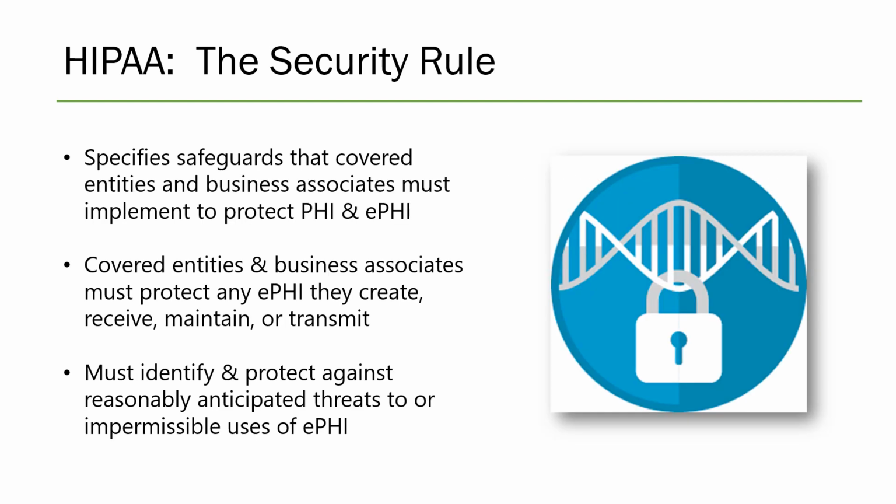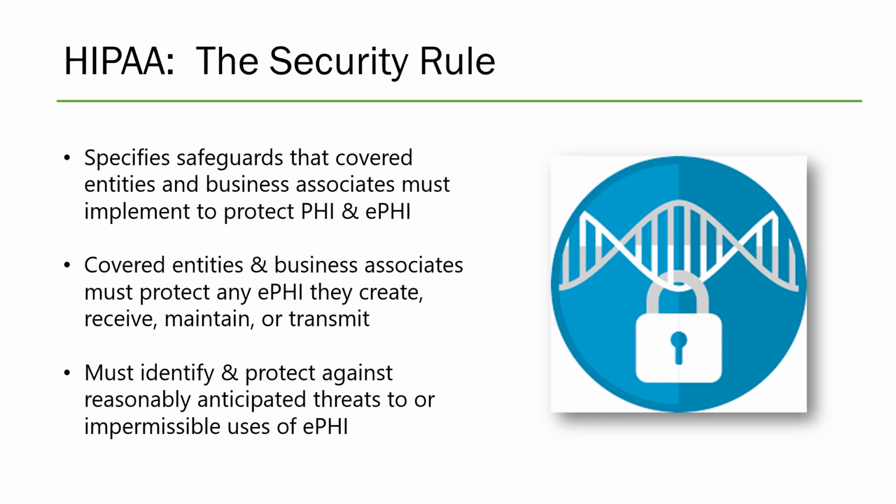The HIPAA security rule simply states that covered entities and business associates must have safeguards in place to protect PHI or ePHI, which is electronic protected health information. They are responsible for protecting any PHI or ePHI they create, receive, maintain, or transmit.